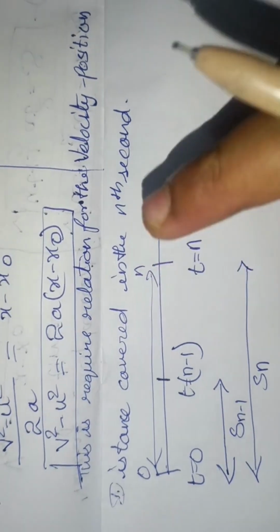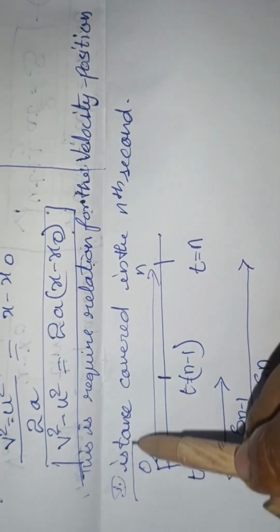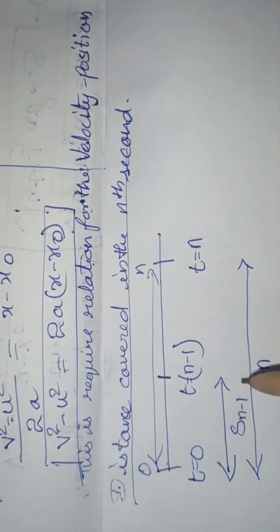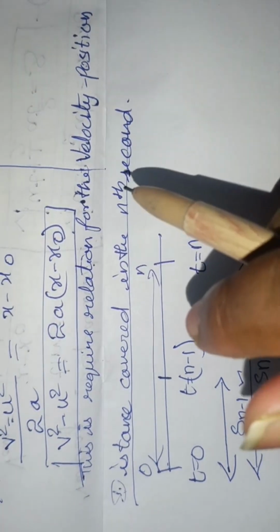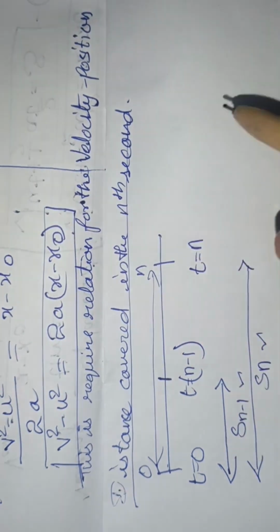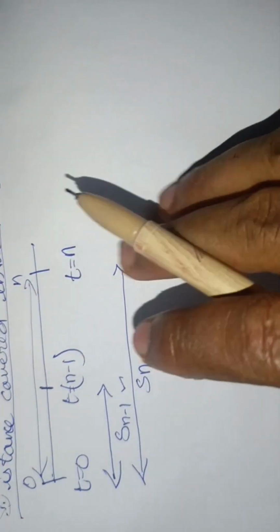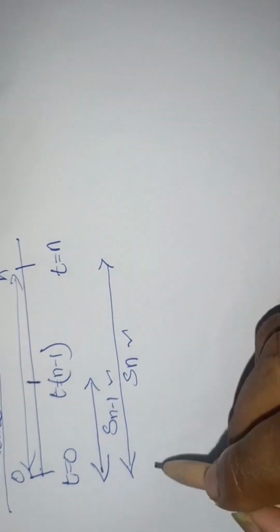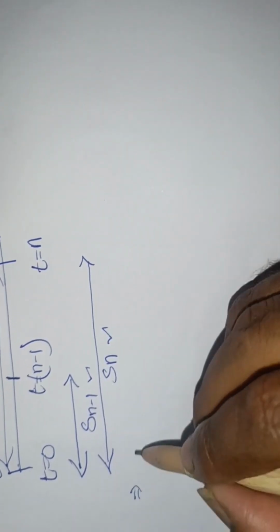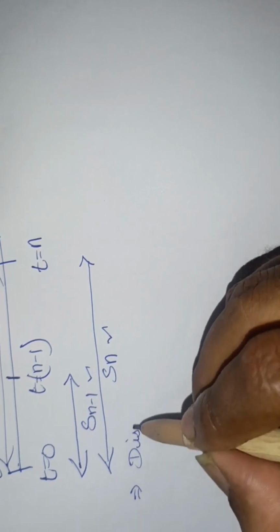So our basic understanding is that the distance covered in the nth second will be between S(n-1) and S(n). Let us start this equation with our next formula, that is the distance traveled in t seconds. Let us write these sentences very clearly so that we can derive the equation.